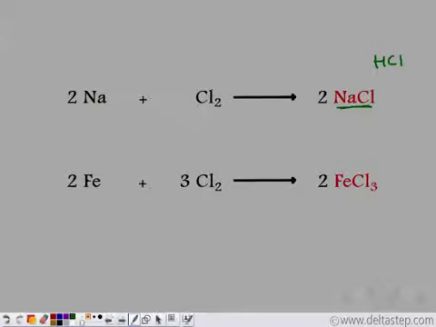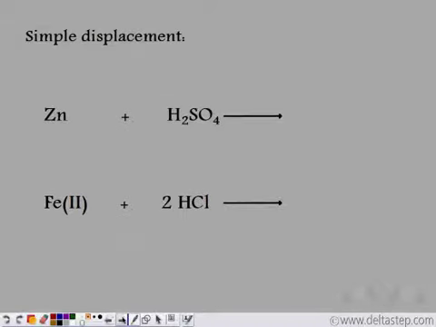Similarly, if we have to form a salt FeCl3, we take iron, we make it react with chlorine, we get FeCl3. Another way to prepare salts is by using the displacement reaction. So in this case, a metal reacts with an acid. So what do we get? There is a displacement reaction.